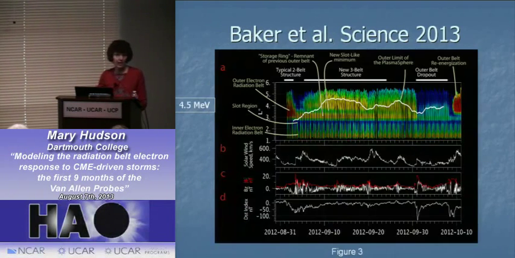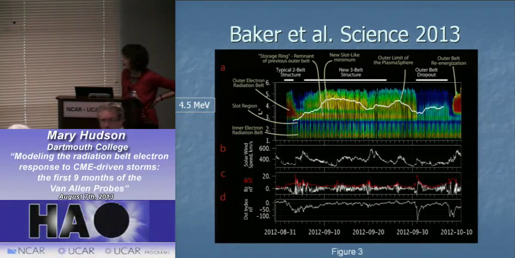Yeah, that is the 3-belt. The thing that's confusing when I look at that is the 3-belt ends, but I still see 3 belts after the white line up there. Well, here at the beginning you see the normal 2 belts, inner zone and outer zone.